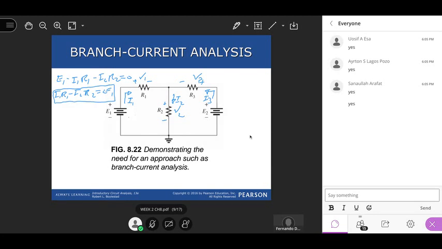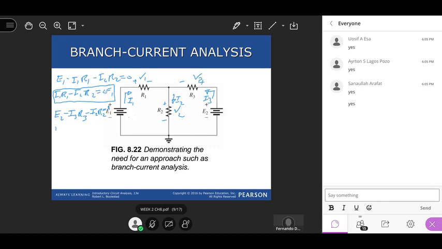Right? So now we will go through the second equation. Then this is going to be E2 minus V3, which is equal to I3 times R3, minus I2 times R2, equal to 0.